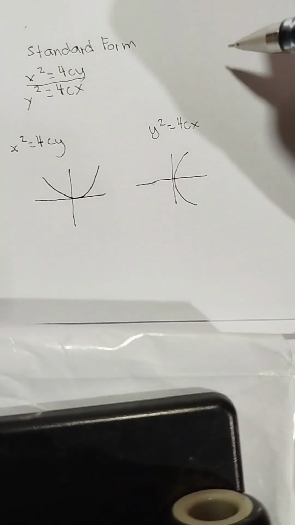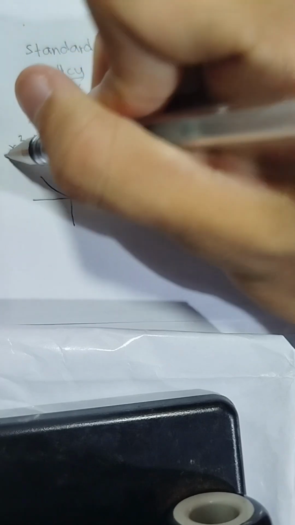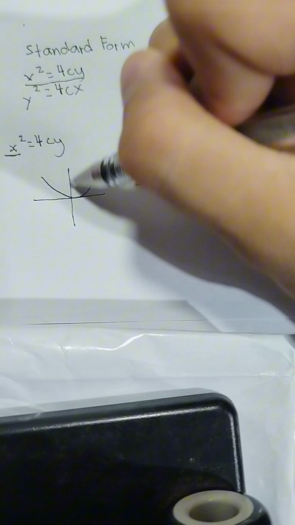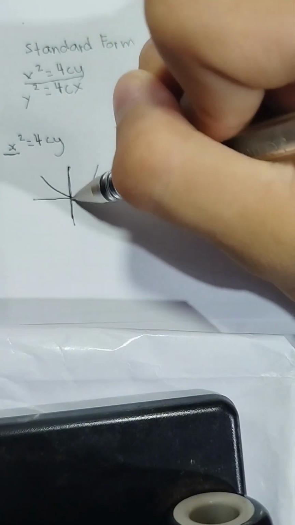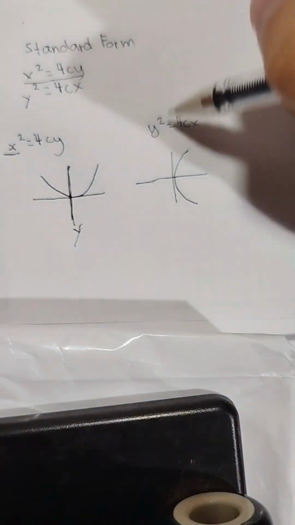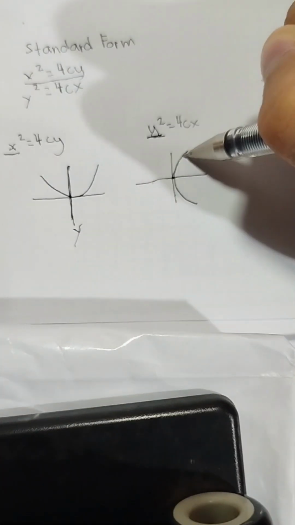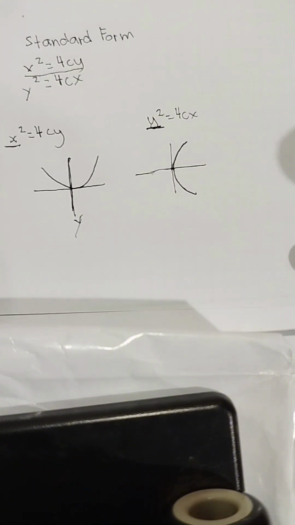You see the difference? If you can see, on the left side is x squared, the parabola has a parabolic arc on the y, and if it starts with y squared, the parabola will be on the x side. So this thing has two variations.